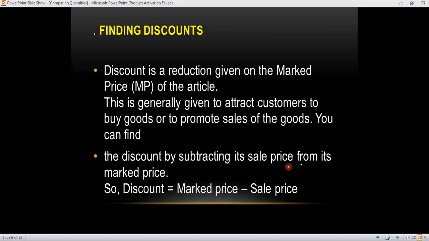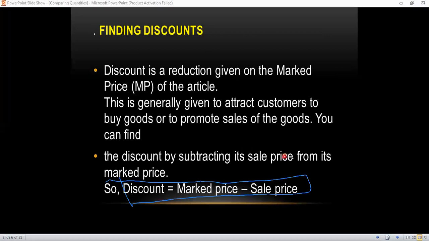You can find the discount by subtracting the sale price from the market price. So discount is equal to market price minus sale price.